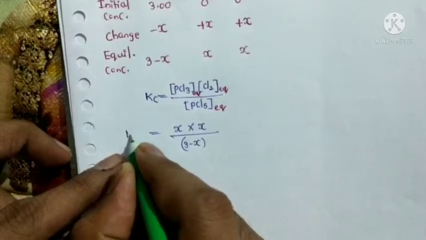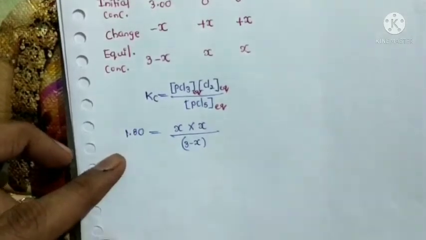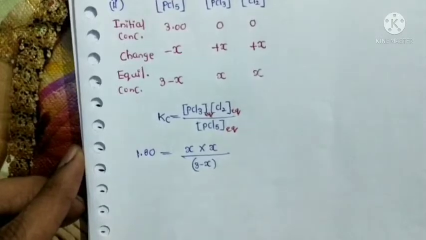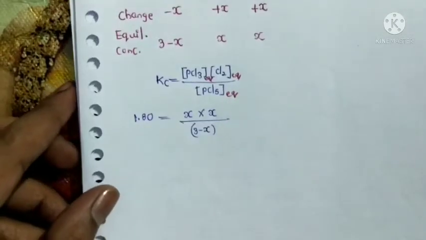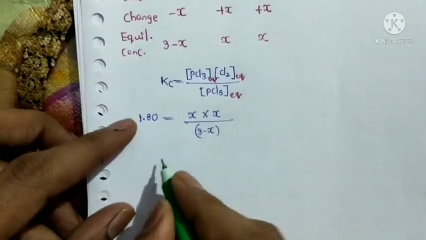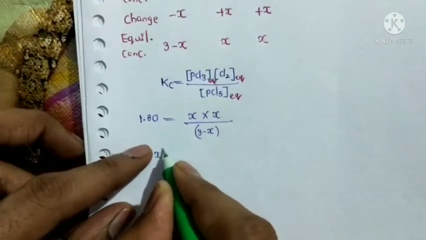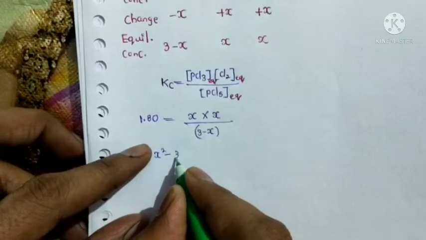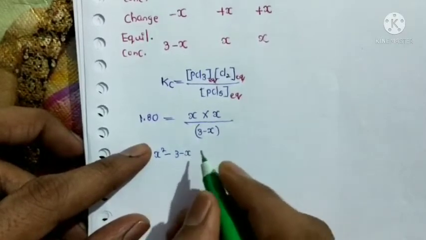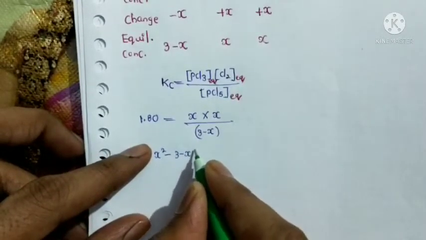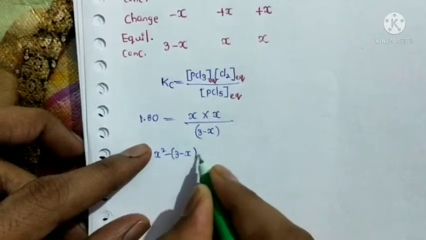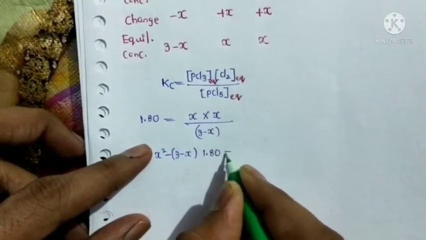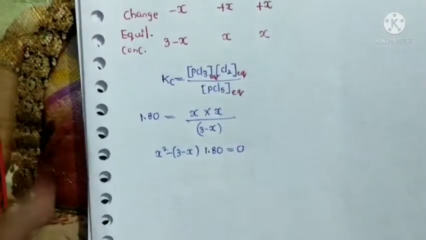So from this, cross multiplication gives X square minus (3 minus X) into 1.80 equal to 0.